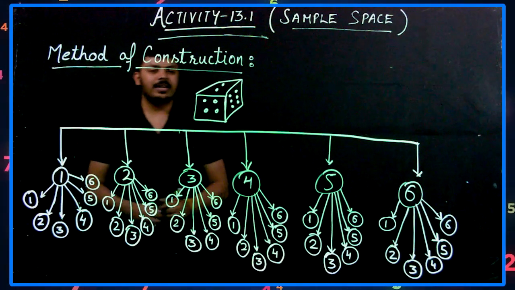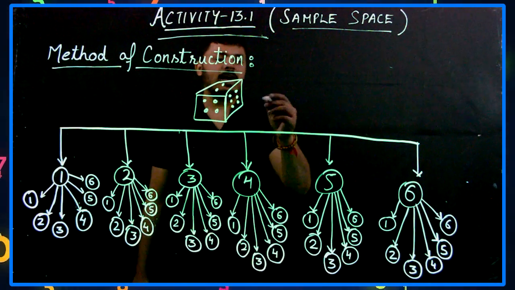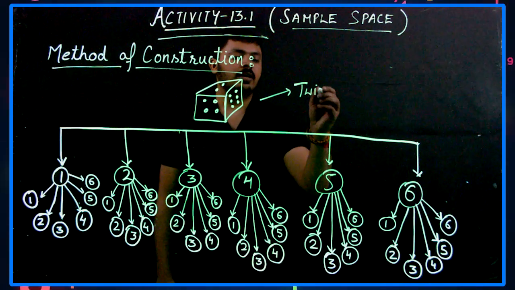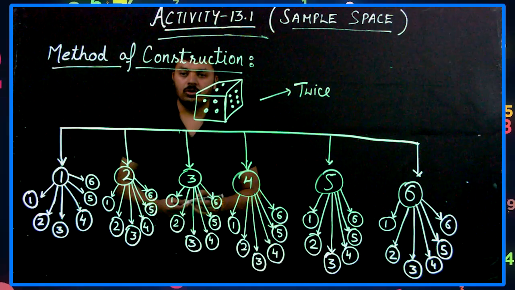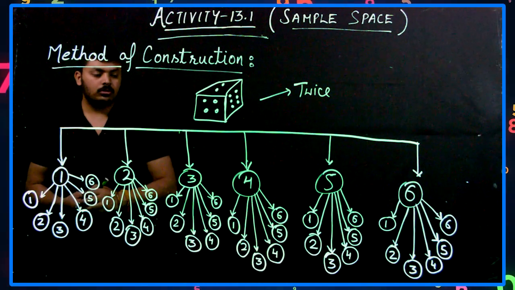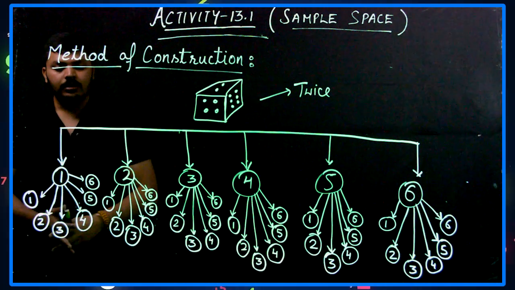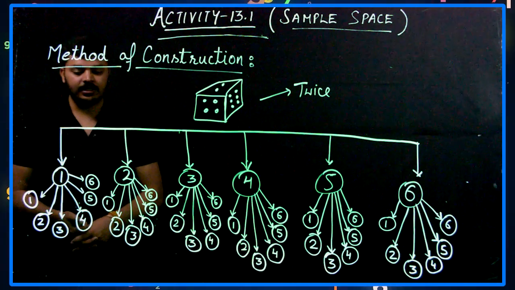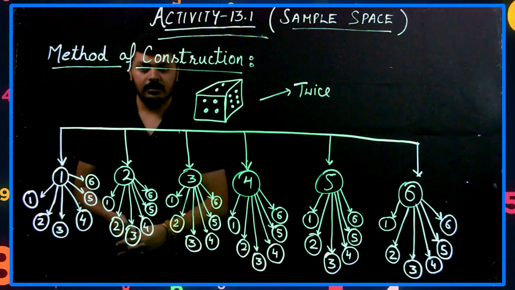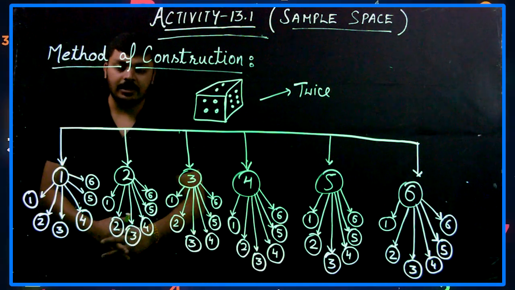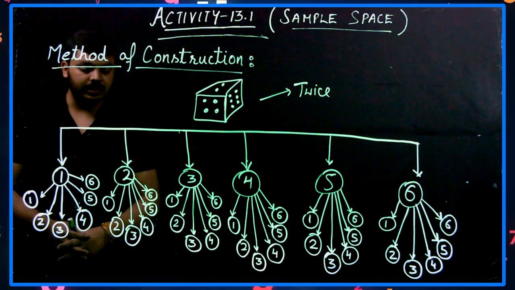So students, this is the case when a dice is tossed or thrown twice, the outcomes are 36. That is the 36 ways a dice can show the number. So these are the 36 ways, and I have represented it using a tree structure.